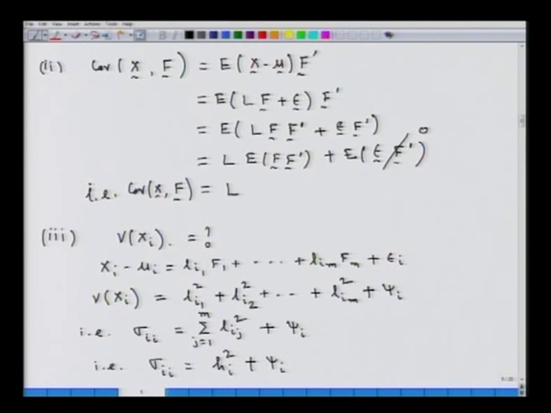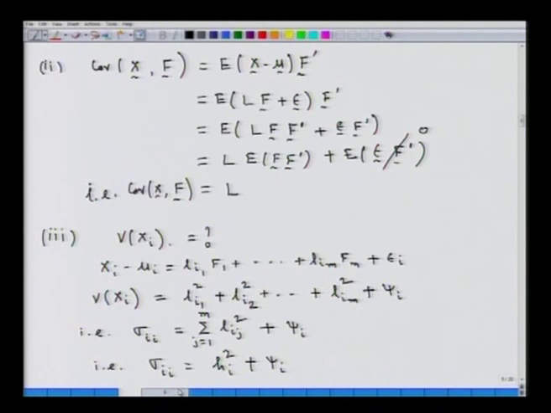This is the portion of the variability of xi that is explained by the m common factors in total, because Li1 square is the contribution to Hi square coming from the first common factor, Li2 square is the contribution to the ith communality coming from the second factor, and similarly Lim square is the contribution of the mth common factor fm in the communality Hi square.